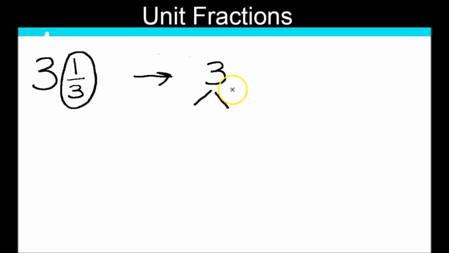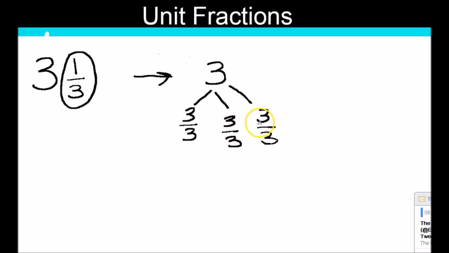How many 3/3 are in the whole number 3? Well, there's 3. That's 1, 2, and here's 3. So the kids understand that if the numerator is 3 and the denominator is 3, then this is the same as 1 whole. So we have 3/3, which really is 3, 6, 9, 9/3 in the mixed number 3 and 1/3.